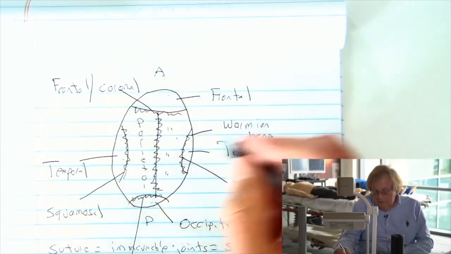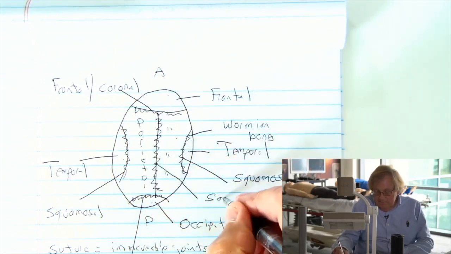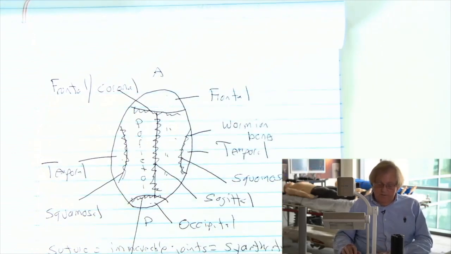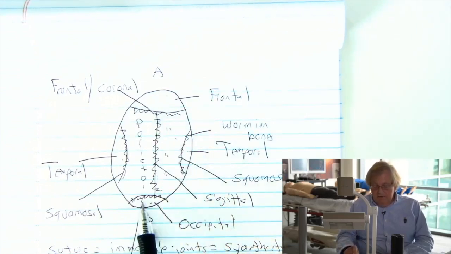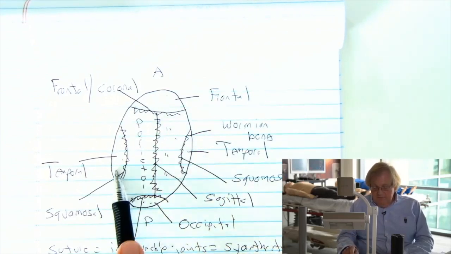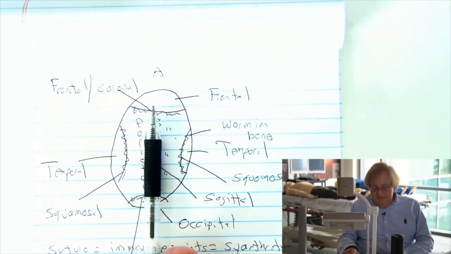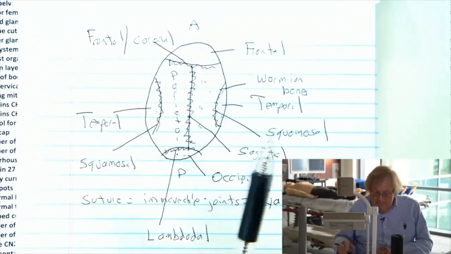And then I've got one down the middle called the sagittal. So if we think of the names of the sutures, number 1 would be frontal, number 2 would be lambdoidal, 3 and 4 would be my squamosals, and then 5 would be my sagittal. That tells me that the calvaria skull cap has 6 bones and 5 sutures.